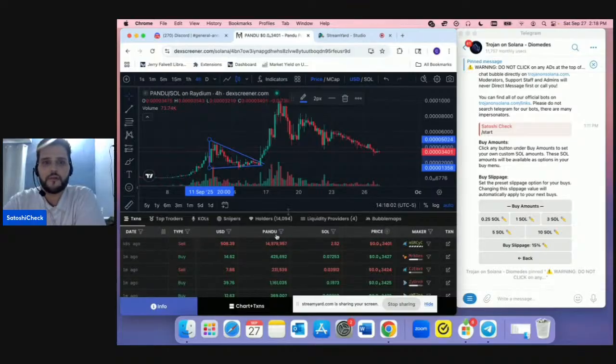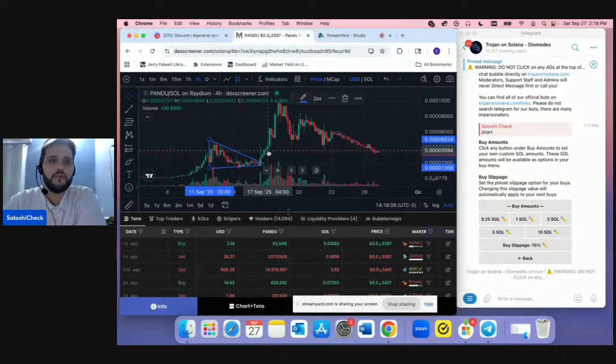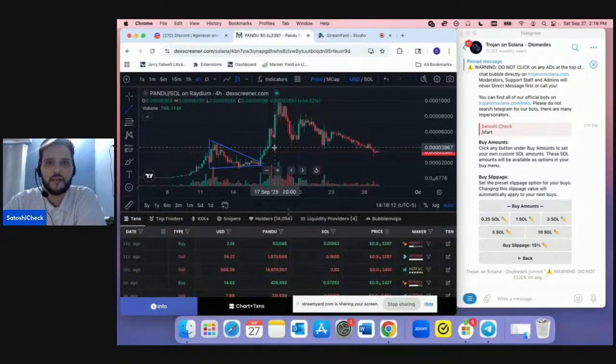From DEX screening, DEX trading is one thing that is very volatile. If you actually look at this, this is a move that you can think about, but we also want to examine the market cap here. Where does that candle sit? Is that halfway?